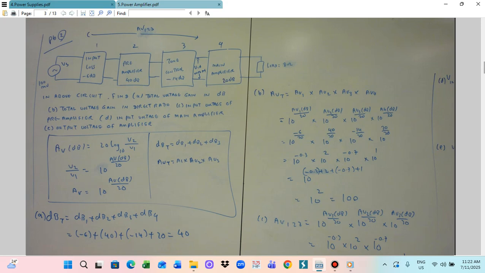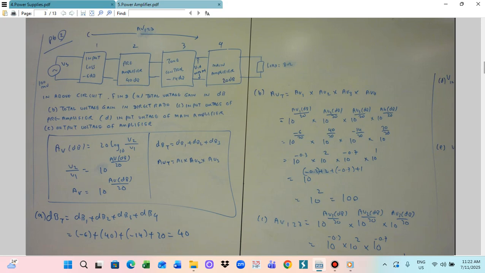And then we also need to calculate the input voltage of the main amplifier. So for the main amplifier input voltage, you have to find AV1, 2, 3.